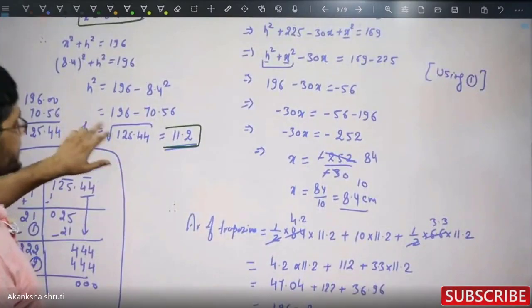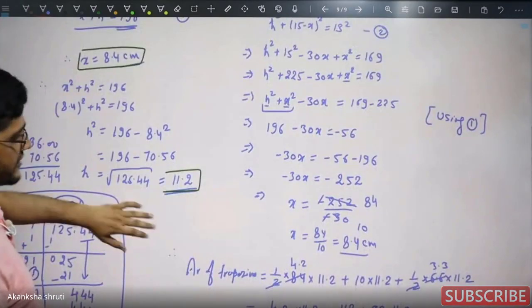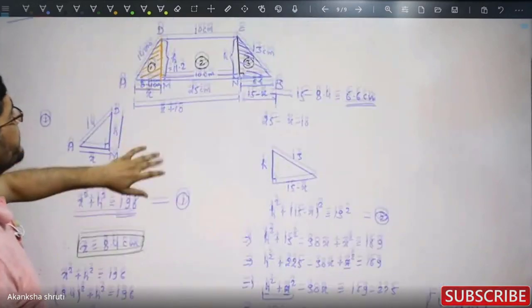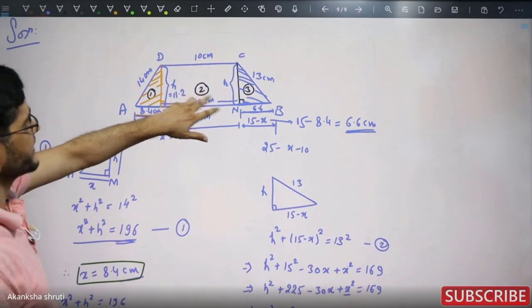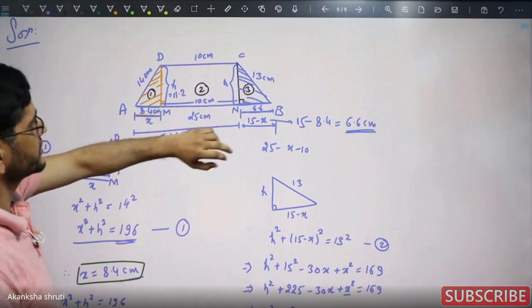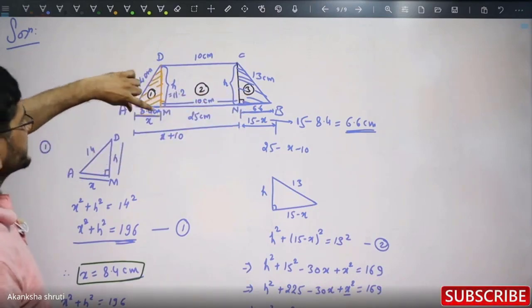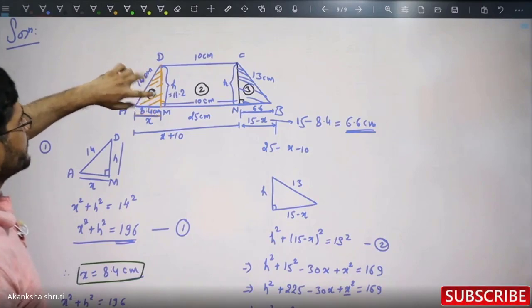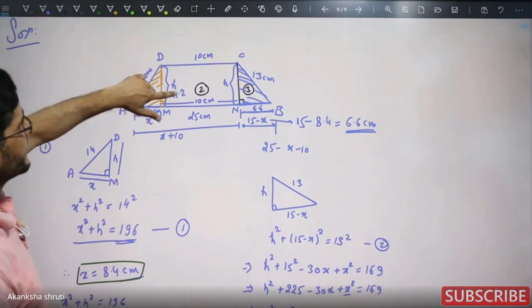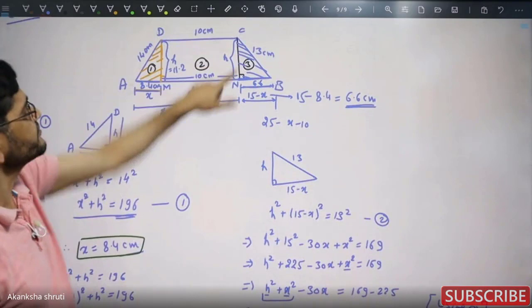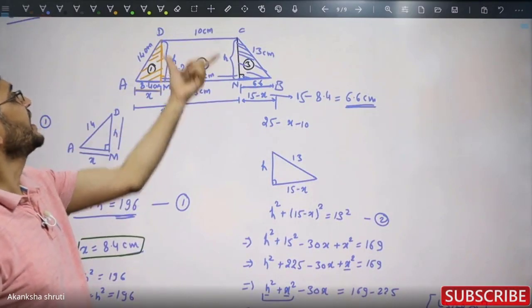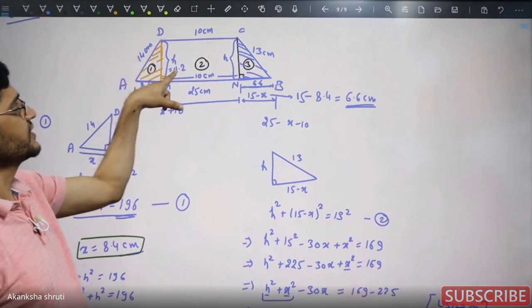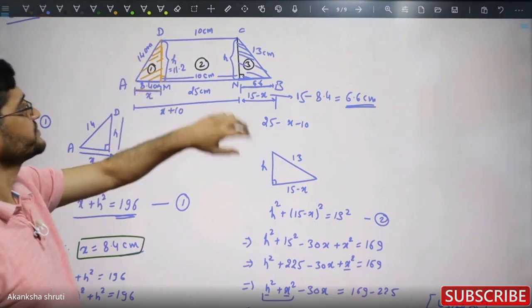Once h and x are calculated, the area of this figure is calculated as area of triangle 1 plus area of rectangle plus area of the third triangle. For the first triangle, the base is x, meaning 8.4, and the height is 11.2. For the second figure, the rectangle, the side is 10 and the height h is 11.2.